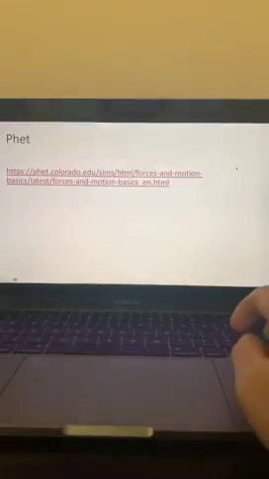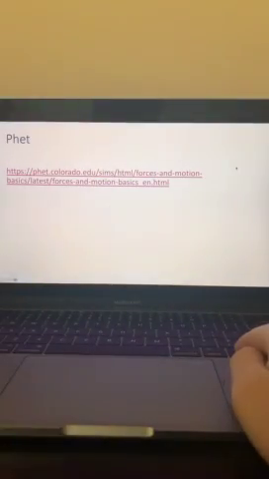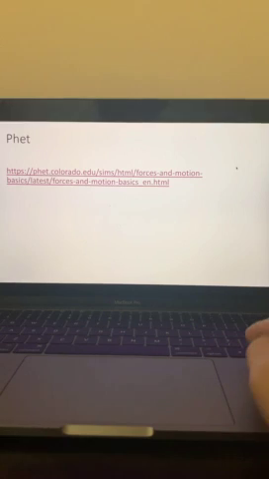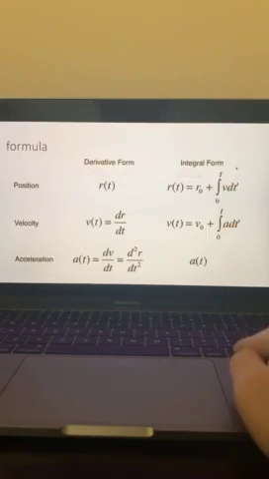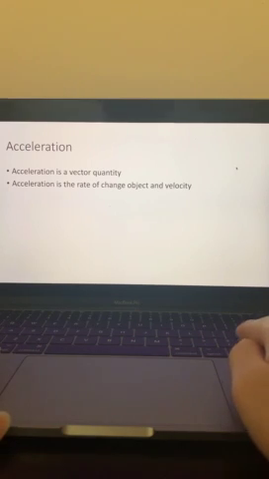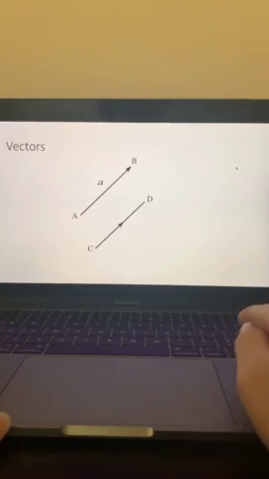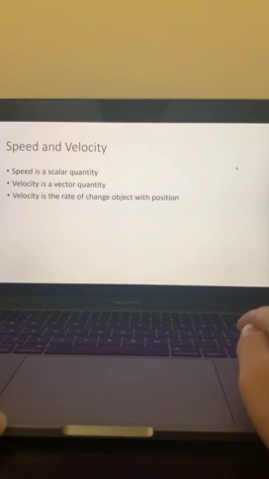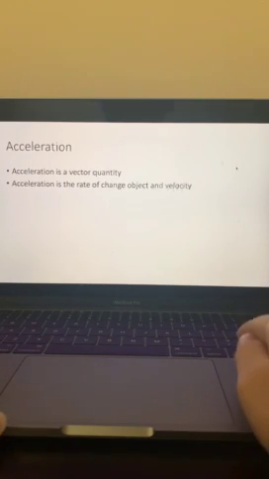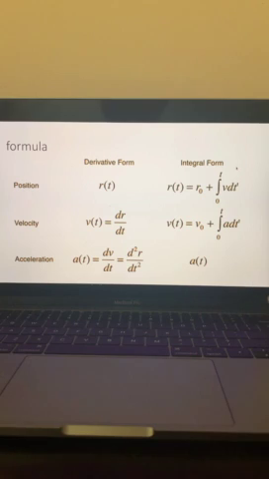Anyway, so the conclusion or summary for this video: it is about kinematics, one-dimensional motion, and we're talking about distance, displacement, speed and velocity, and acceleration, and also the relationship between the three of them.